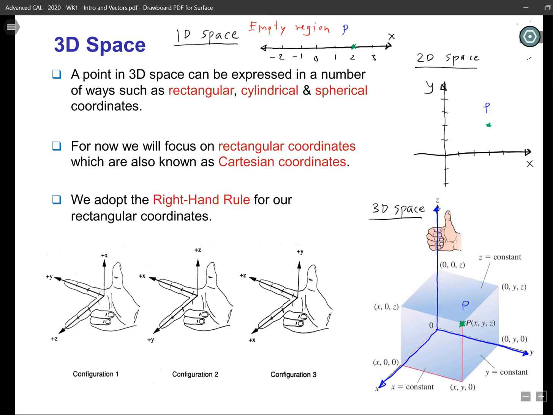Okay, now that we have a point in space, we don't want to just leave it there without knowing where it is, right? We have something in space, and the next thing we want to do is to find the location of this point in the space, right? So we have to find a way, a method to locate these points, right?